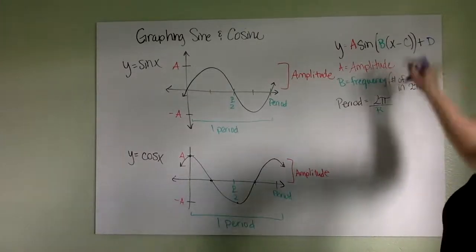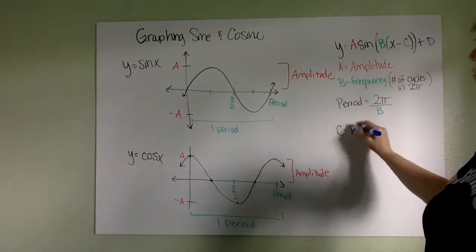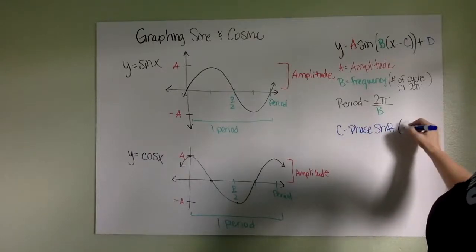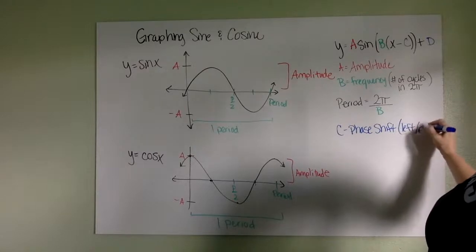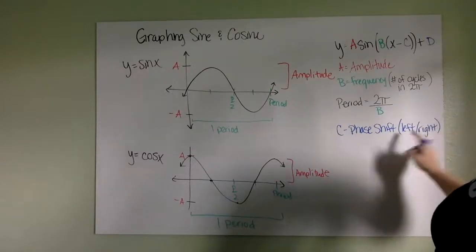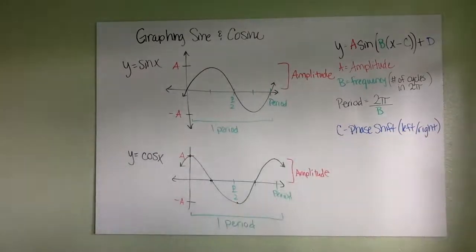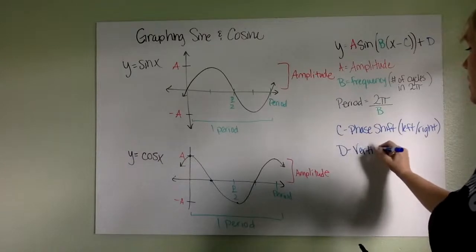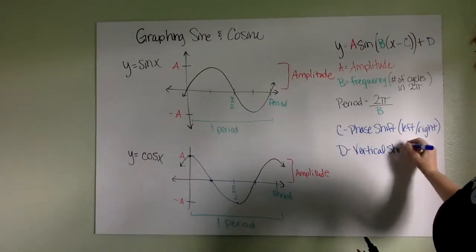Now C is what we call the phase shift, which is if the graph is being shifted left or right. We won't be graphing any left-right phase shifts, so you won't see that in the notes that I've written up. D is the vertical shift, so up, down.